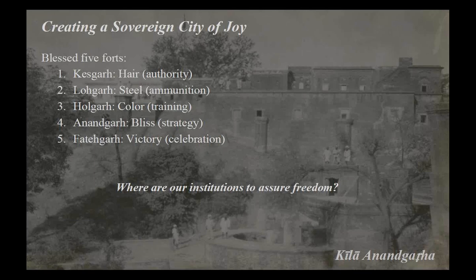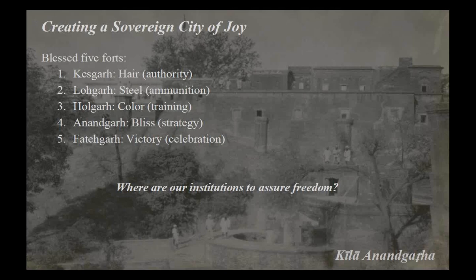And that significance goes from the realm of what is our identity, what is our thought process supposed to be. So identity of the hair, authority of the hair, the connection with steel and ammunition, the need for training. Holgarh was where Hola Mahalla was celebrated.